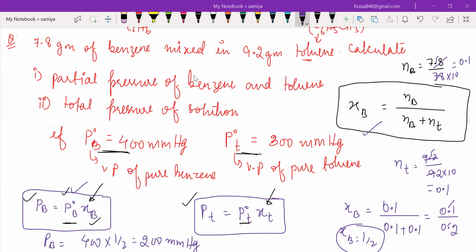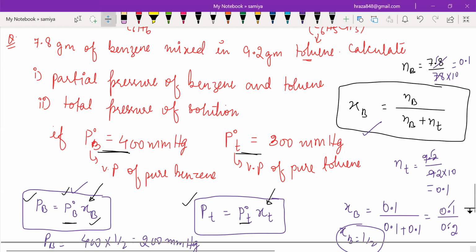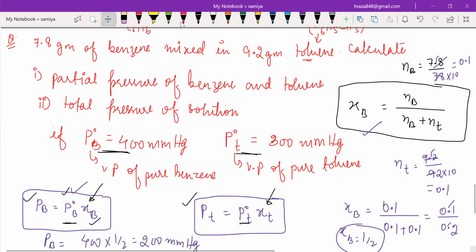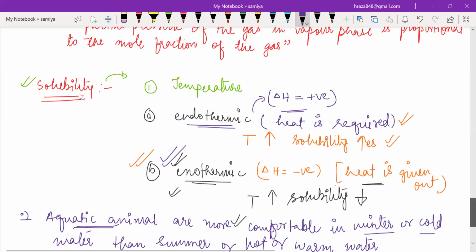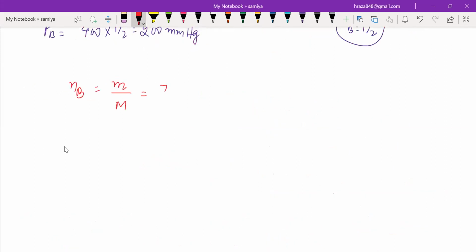Can you explain the molar mass part? Okay, no problem. See, if you are going to calculate the number of moles of benzene, the formula is given mass upon molar mass, and the formula is C6H6.